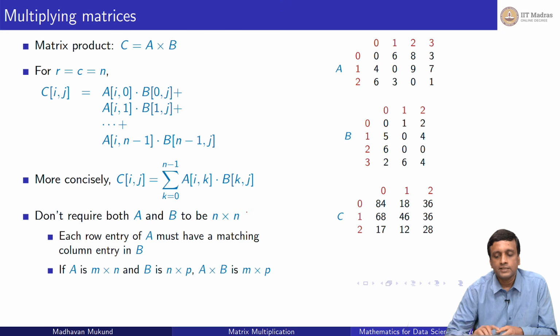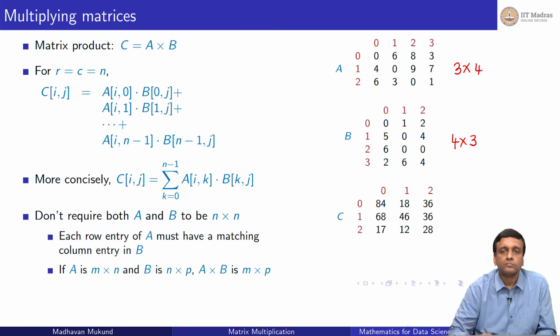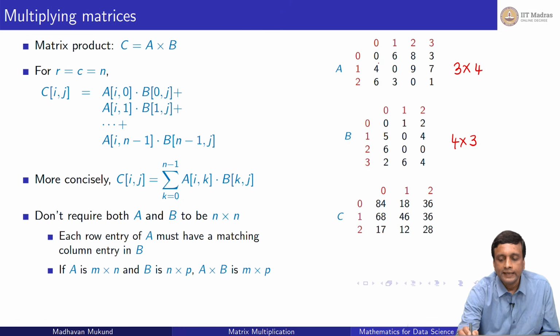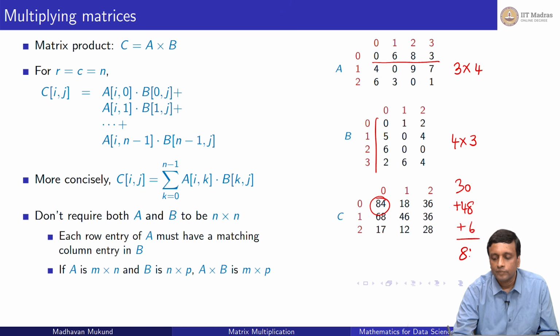Supposing now I have something which is 3 times 4. I have 3 rows and 4 columns, and here I have 4 rows and 3 columns. Now when I take an entry here and multiply it by an entry here, I get one entry here. So I get 6 times 5, 30, plus 6 times 8, 48, plus 3 times 2, 6, which is 84.